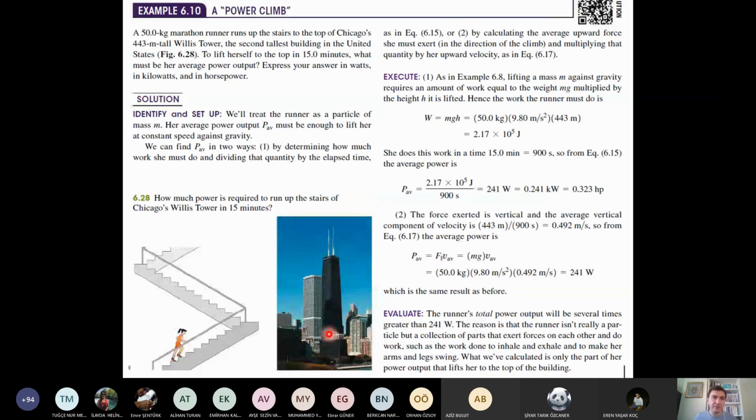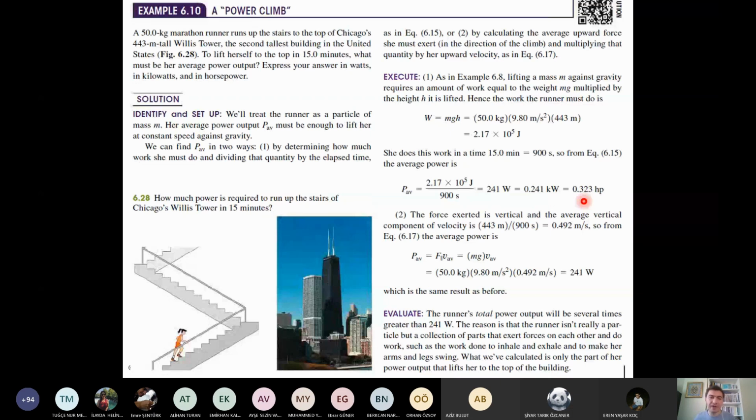So the question: average power output. Average power is given by delta W over delta T. Delta T is 15 minutes or 900 seconds, put here in seconds. And delta W, the work, is given by this expression, put them here. Finally, we have 241 watts or 0.241 kilowatts or 0.323 horsepower.